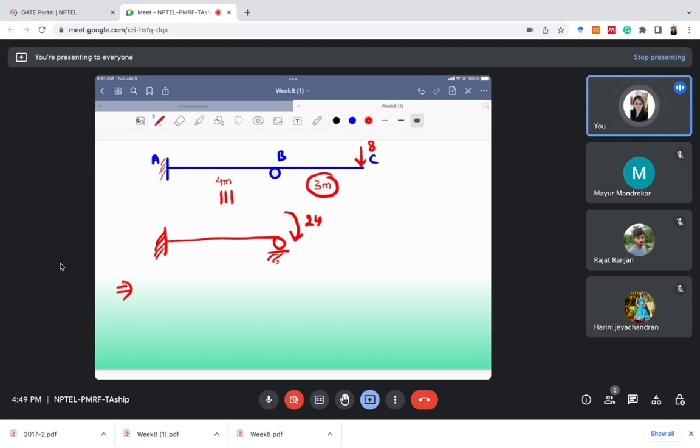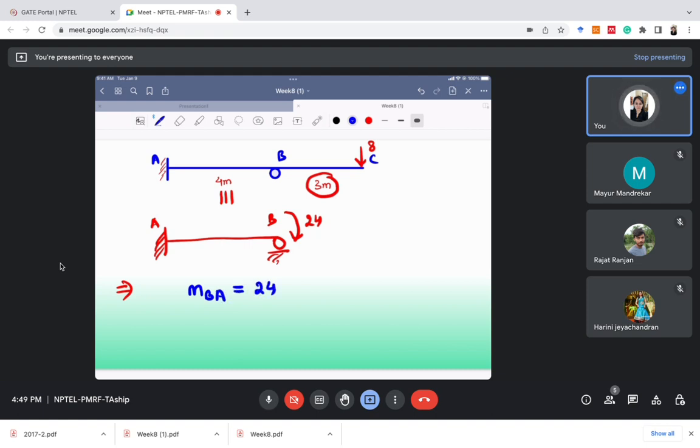Now this is the final thing which we need to solve. So here, what equilibrium equation can we use? The equilibrium equation is MBA is 24.